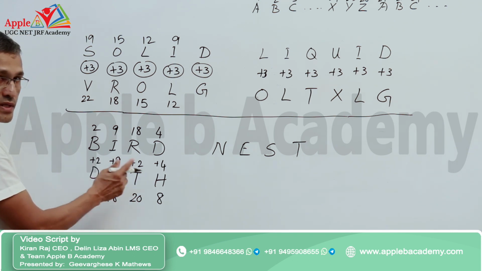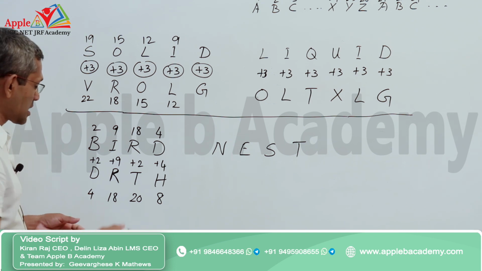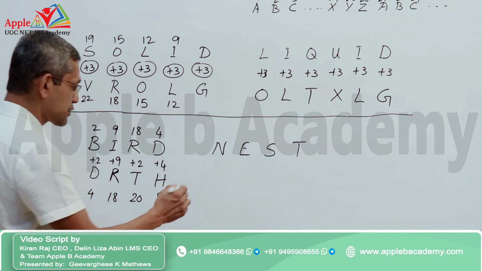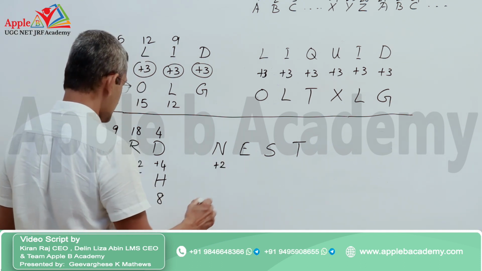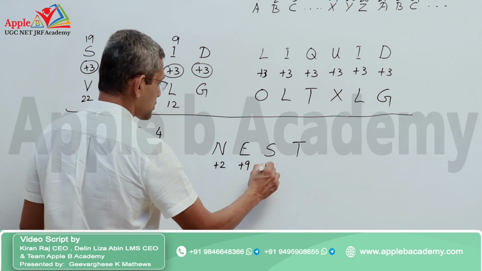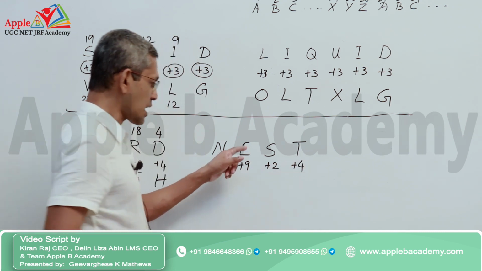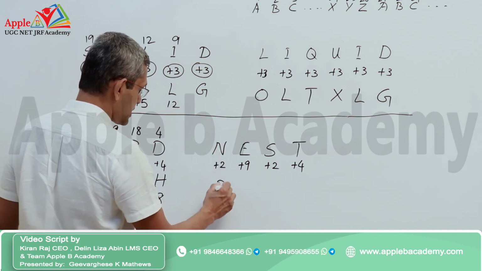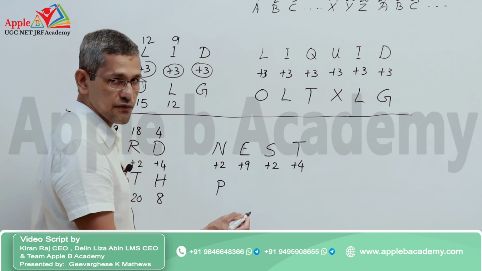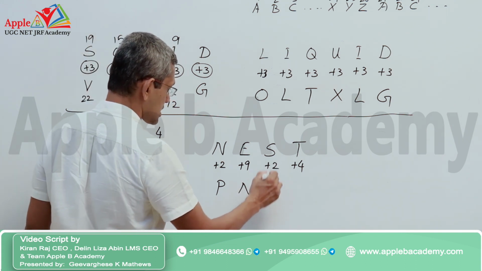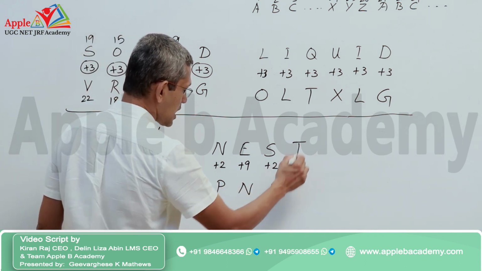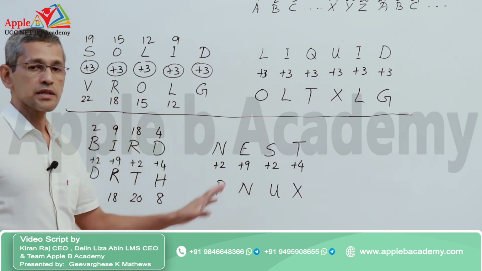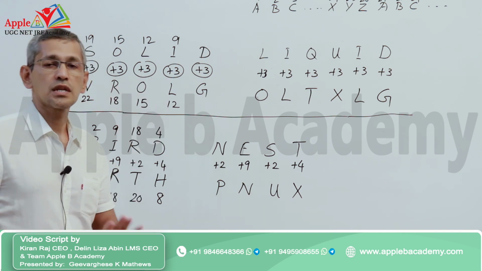It doesn't look like a pattern, but if you have the same thing, plus 2 plus 9 plus 2 plus 4, and you have an answer choice based on that, for example, the answer would be here, N plus 2 is P, E plus 9, E is 5, 5 plus 9 is 14, and S plus 2 is what? U, and T is 20, 20 plus 4 is X. So if you have an answer choice PNUX among the given answer choices, then it's perfectly all right.